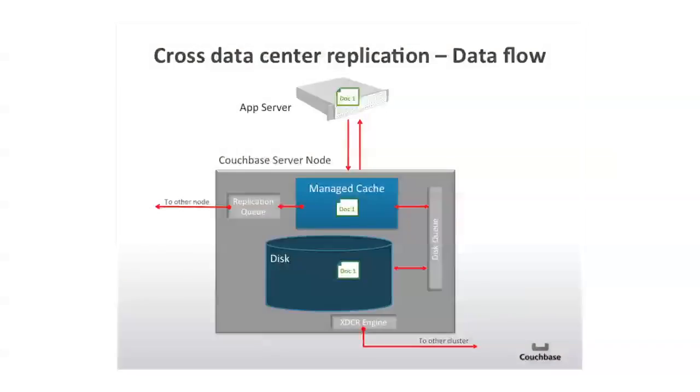Now, XDCR is on a per bucket basis. So if you have 3 buckets, you can maybe replicate only 1 to the other cluster because that has the most critical data, right? It is extremely scalable, which means that it's an operation that happens on a per partition basis. And so if you keep growing the cluster in size, your partitions get distributed across those clusters, and XDCR throughput can scale horizontally as well.